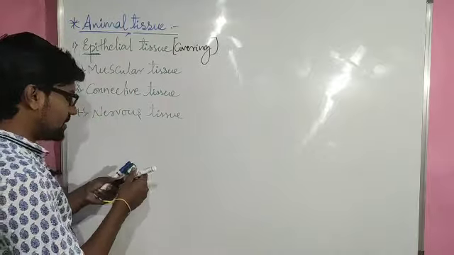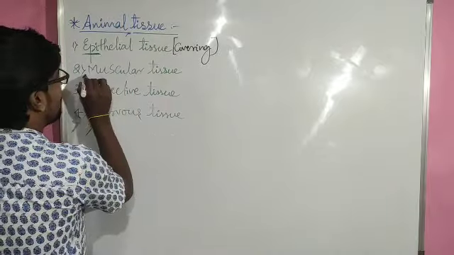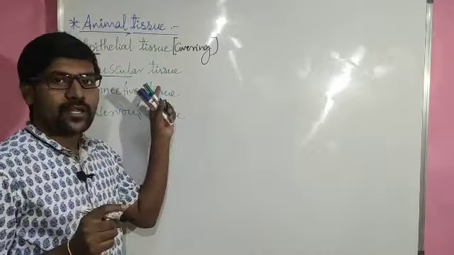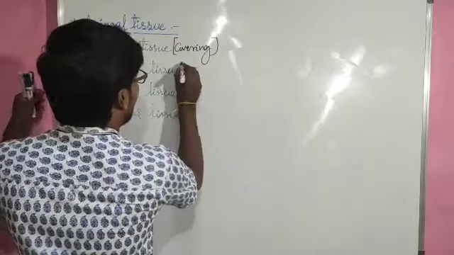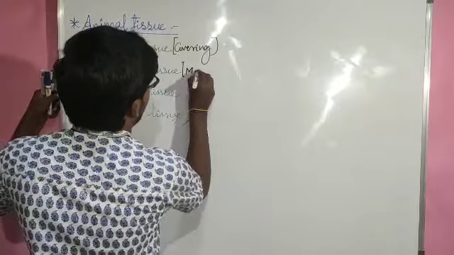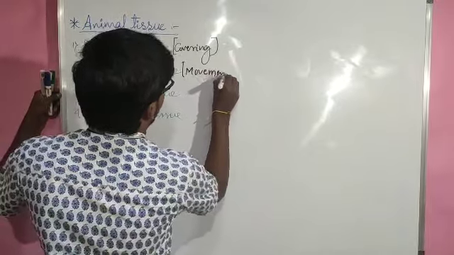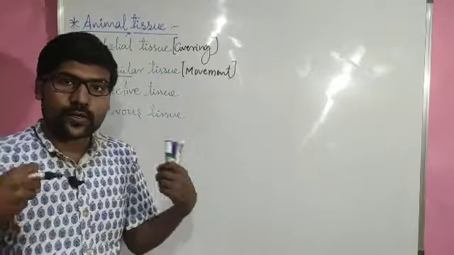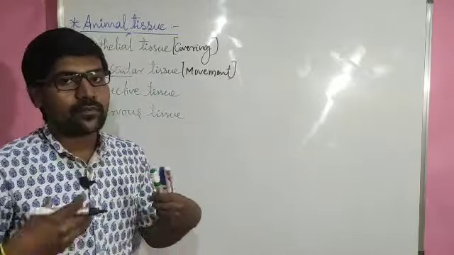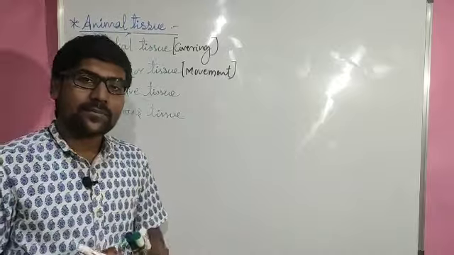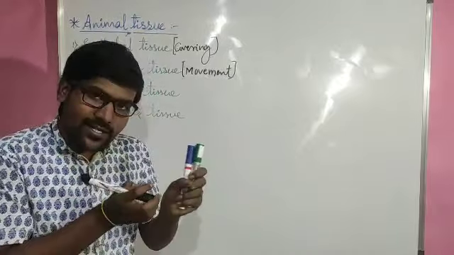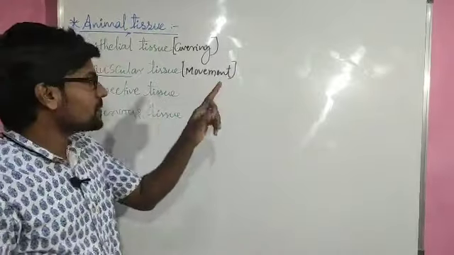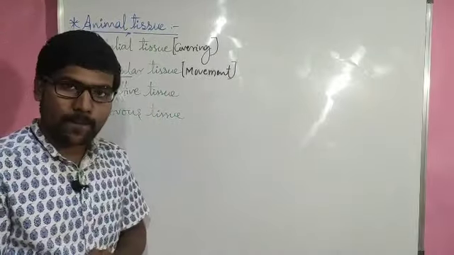In the same way, if we consider muscular tissue, the term itself says it. Its main function is movement: movement of the entire body, or of the limbs, or of the inner body parts, whether related to locomotion or just a slight movement. That movement is because of muscular tissue.